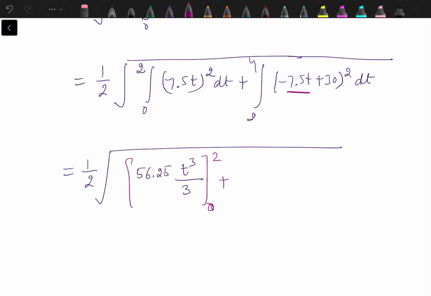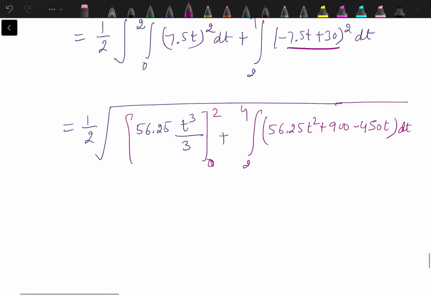Then the integration of this from 2 to 4, 56.25 t square plus 900 minus 450 t into dt. 1 by 2 under the square root.